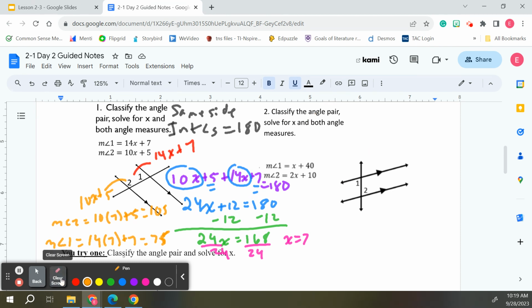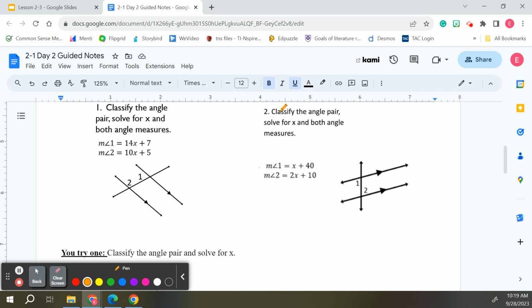Okay. Let's take a look at number 2. It says classify the angle pair. What kind of angles do I have here? Alternate interior angles. We know alternate interior angles are what? Supplementary or congruent?